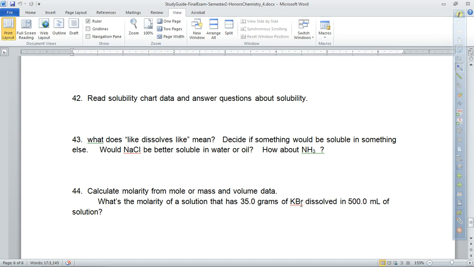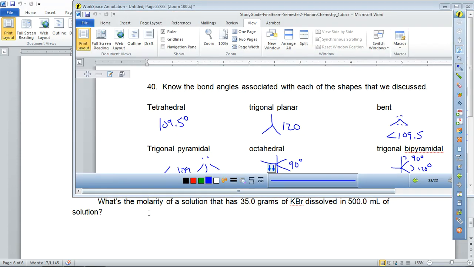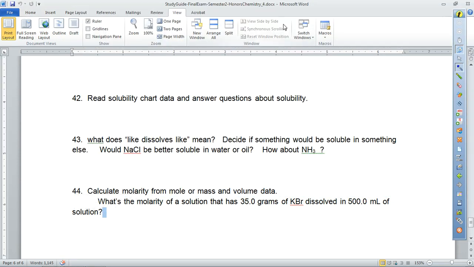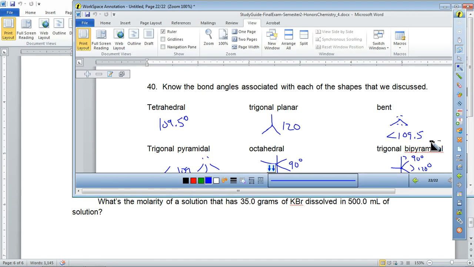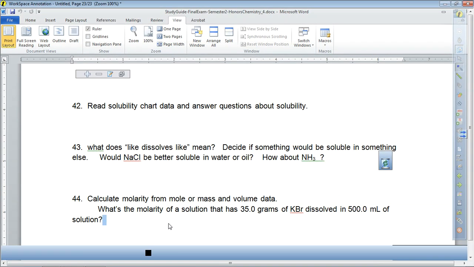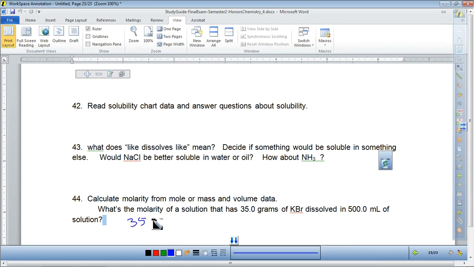And then last but not least, if I give you mass data, calculate molarity. So 35 grams of KBr. You have to divide by the molar mass. I don't know what the molar mass of KBr is.